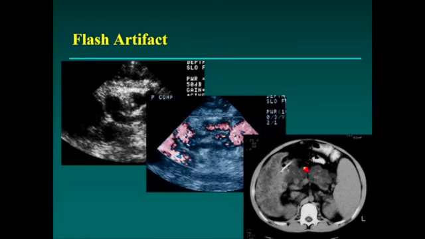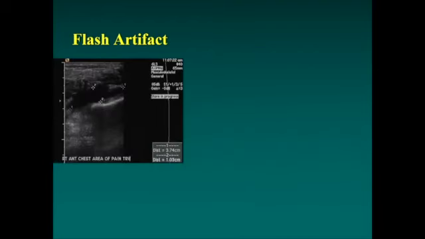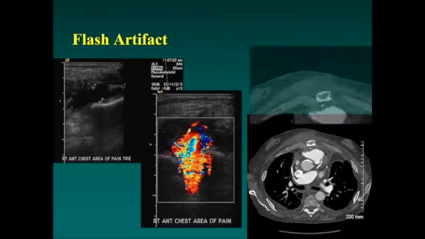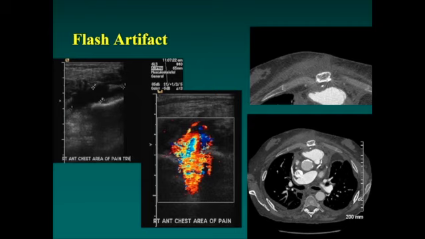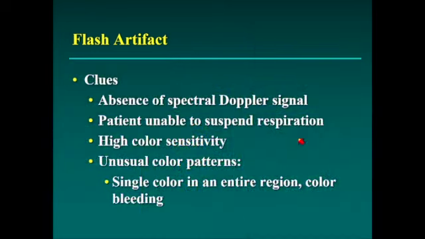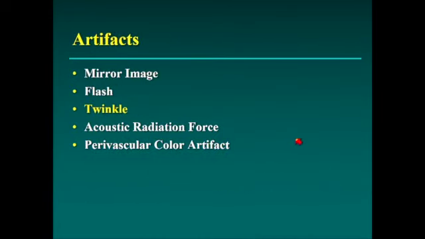And there is no flow, but it was a misadjustment of the color write priority. Here's another example. Okay. The flash artifact, where movement of the heart causes color to be written within the grayscale and can make an abscess look like it is, in fact, a flow-containing structure.